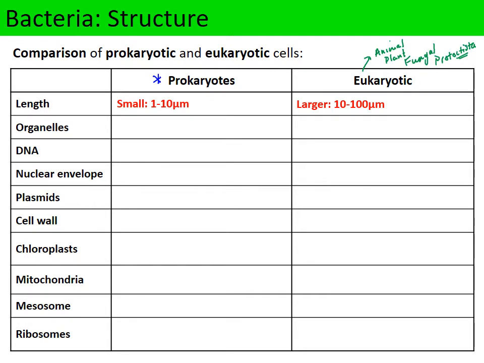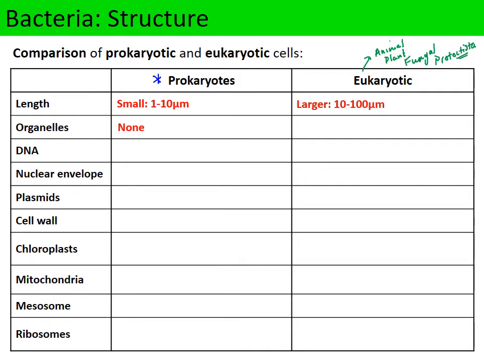Some plant cells, if you ever do an onion slide and look at the cells and draw the cells, can be up to 300 micrometers in length, certain plant cells. Now, prokaryotic cells do not have any organelles or membrane-bound organelles within them. The cyanobacteria do have thylakoid discs, but they are not themselves membrane-bound organelles as such.